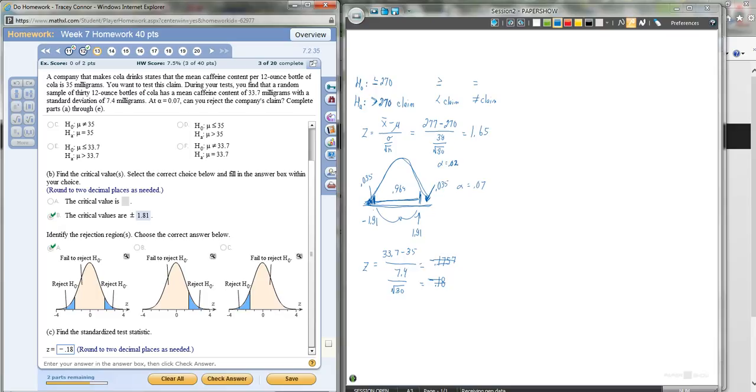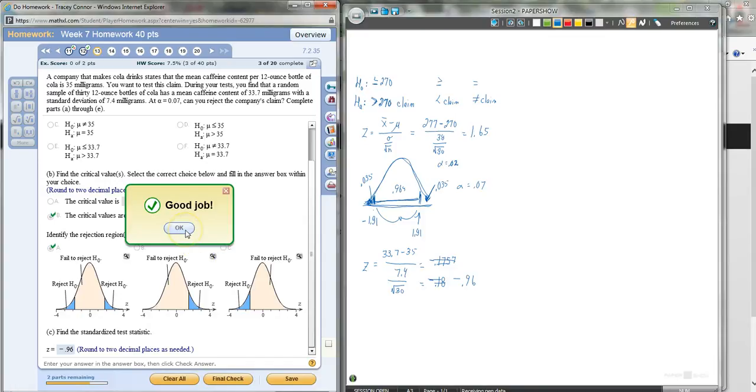So we're going to take the 33.7 minus 35, and then we're going to divide by 7.4 divided by the square root of 30. And then we're going to get negative 0.96. So we want to round to 2 decimal places, and we're going to go ahead and check our answer.